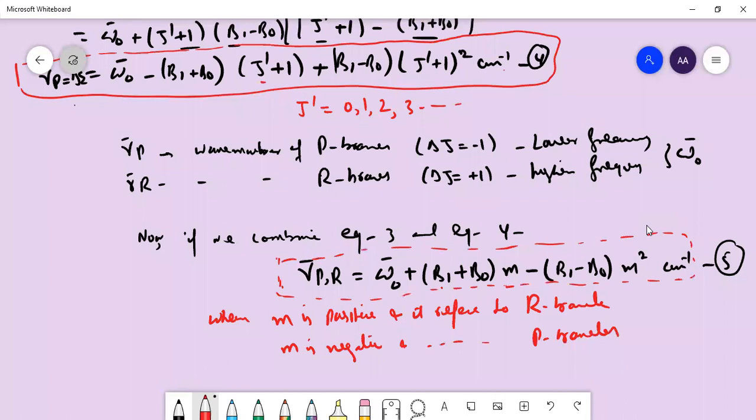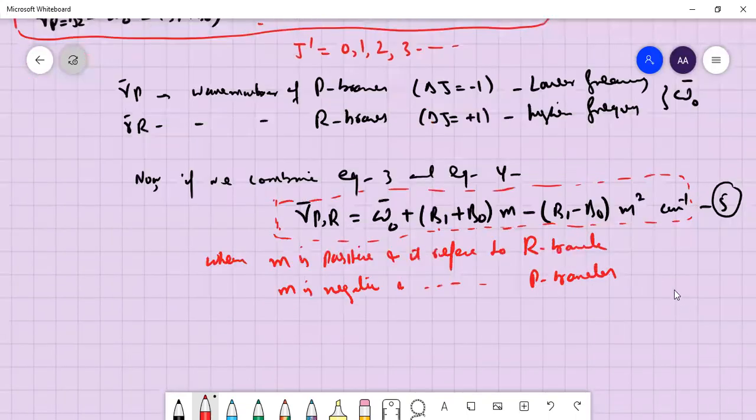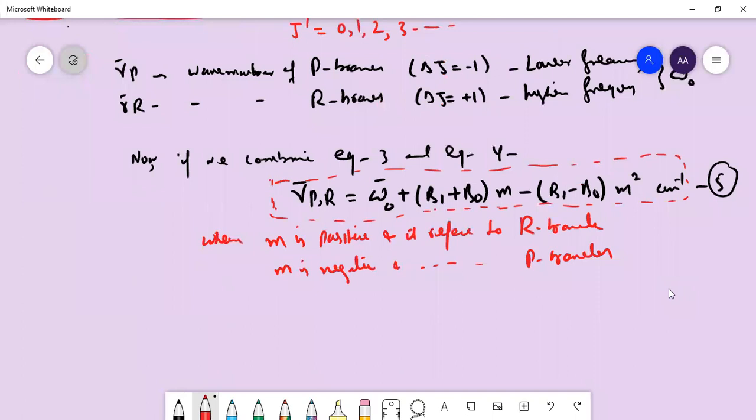So now this equation number 5 allows us to fit the observed transitions to a quadratic equation from which we can determine various terms, like M, B1, B0, and we can easily calculate all these terms by using this equation and the frequencies of transitions from the spectrum.